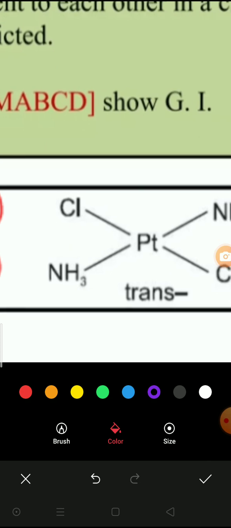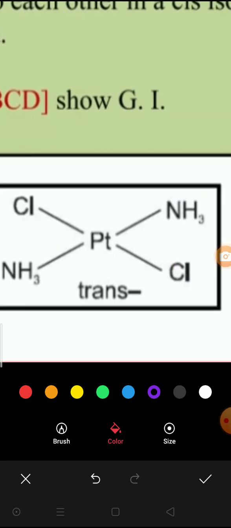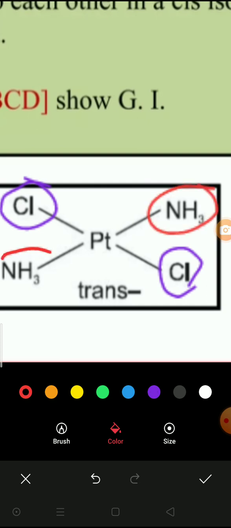Now, moving ahead for the trans. Here you can see chlorine and chlorine are on opposite sides, and NH3 and NH3 are also on opposite sides. So, same groups are on opposite sides and making an angle of how much? 180 degree.